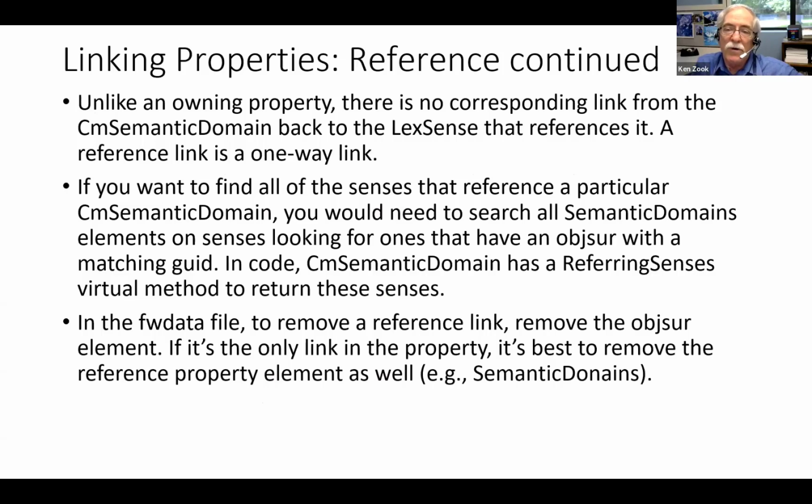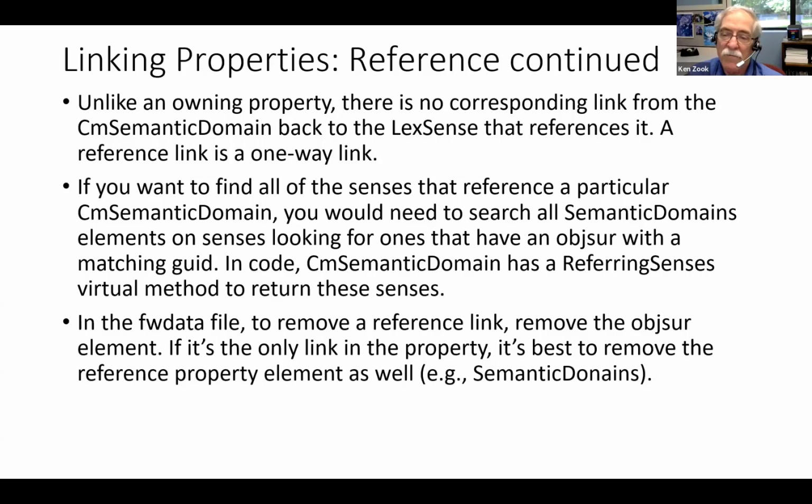Unlike an owning property, there's no corresponding link from the CmSemanticDomain back to the LexSense that references it. A reference link is a one-way link. If you want to find all the senses that reference a particular CmSemanticDomain, you would need to search all semantic domains elements on senses, looking for ones that have an obj-sur with a matching GUID.